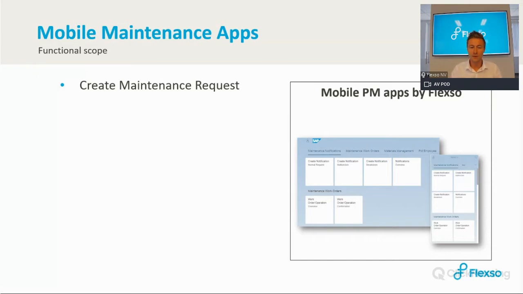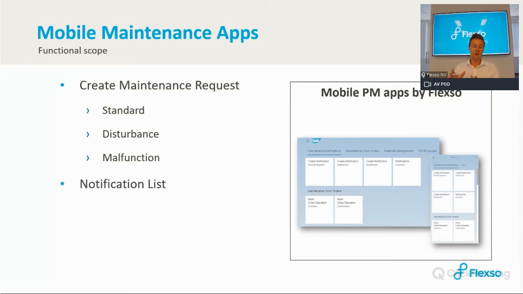Therefore, we have this Fiori app, the creation of a maintenance request. We have three different types of requests: the standard, a disturbance, and a malfunction. The result is the same, but they differ from each other in terms of parameters, which can be used for reporting purposes.